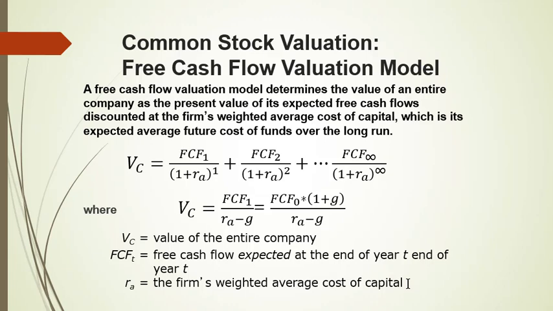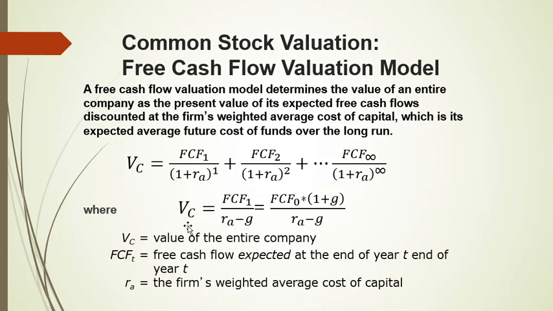This is just a number that represents the average cost of financing the company's long-term growth. So again, we get the same basic idea, except now in this case, instead of getting an answer that is in per share terms, this is the value of the entire company.